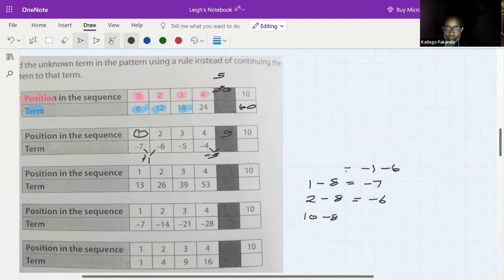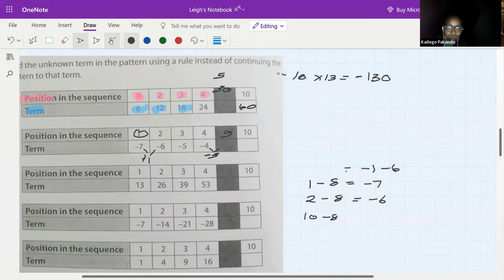So our 10th term would be 10 times 13, which is, Motebang, what's 10 times 13? Is it 600? No. It's 130.